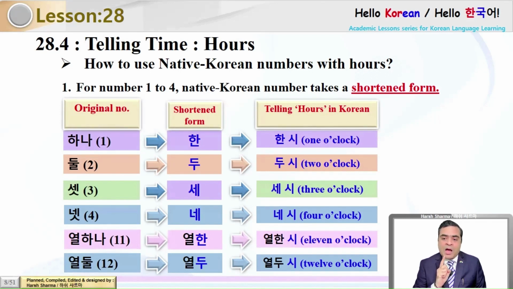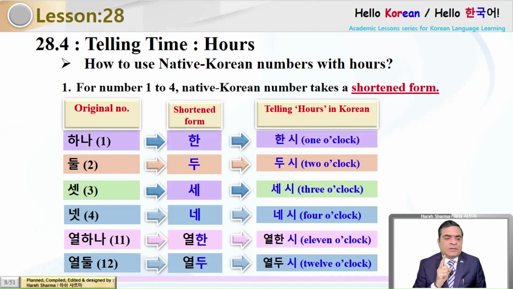Shortened form will be 한. For telling time, if I want to say 1 o'clock, then I have to say 한 시, not 하나 시. Please never say 하나 시, it must be 한 시. 한 시 means 1 o'clock.